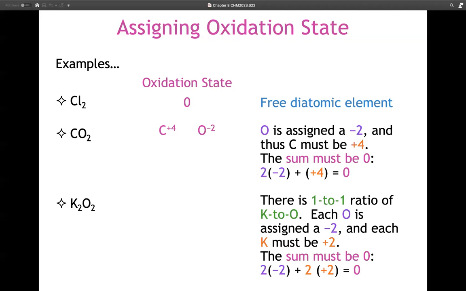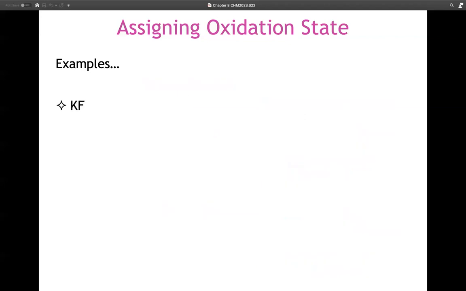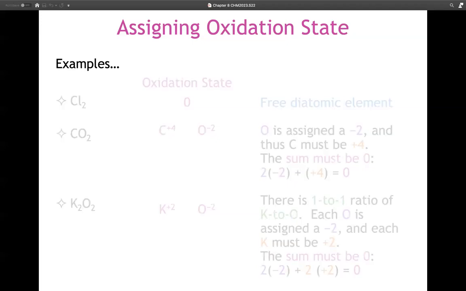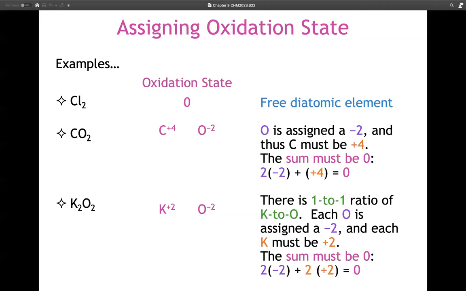So the sum has to be 0. Pretty sure this is a typo. This has to be potassium as in group 1A. So we need 2 potassiums per 1 oxygen.